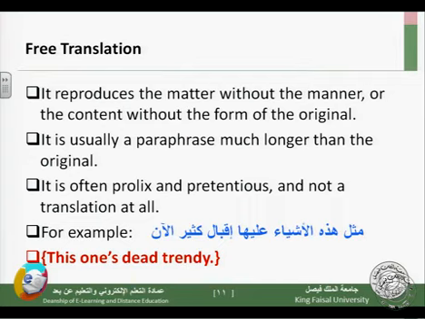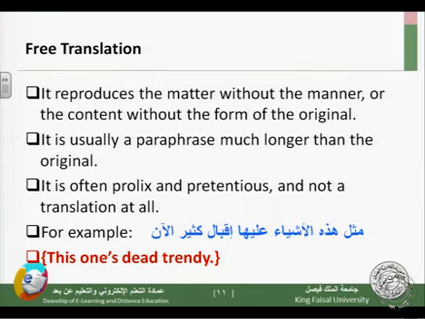It is too much talk, you know, free. You are free to translate it in a way that is pretentious, meaning it is not really that literal or faithful or semantic or whatever, but the example would give you an idea of what we mean by free translation.